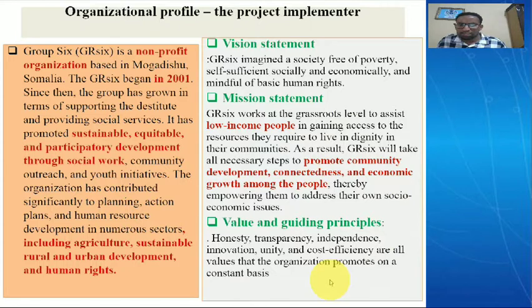So the organization's values and guiding principles are honesty, transparency, independence, innovation, unity, cost efficiency, all values that the organization promotes on a consistent basis.